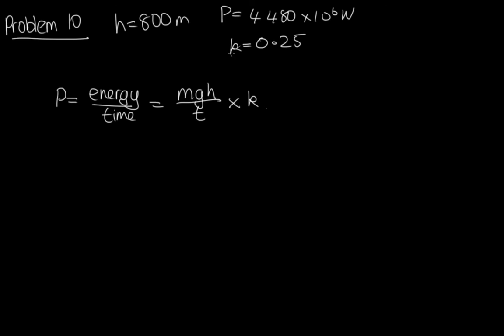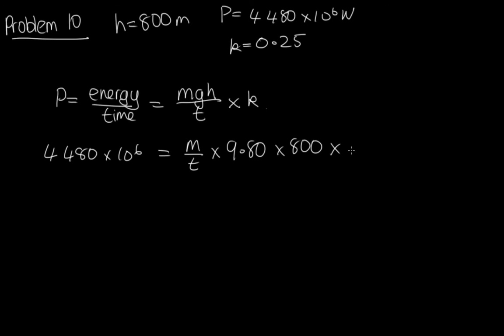Okay, so we've got the power, that's 4,480 times 10 to the 6 is equal to m on t. Those are things we don't know, but if we can work out the mass that passes for each unit time, we can work out the volume flow rate. So times 9.80, that's g, times the height, which is 800 meters, times the efficiency, which is 0.25.